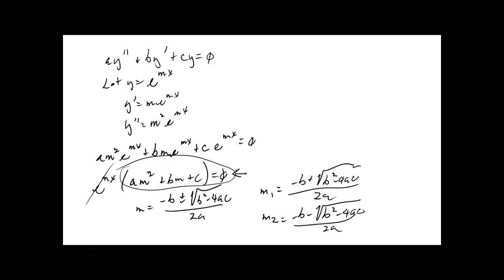Now, problems arise when this thing is equal to 0. Then we're going to have to do something like we just did with the power reducing, and come up with the second solution some other way. So we'll get to that later.